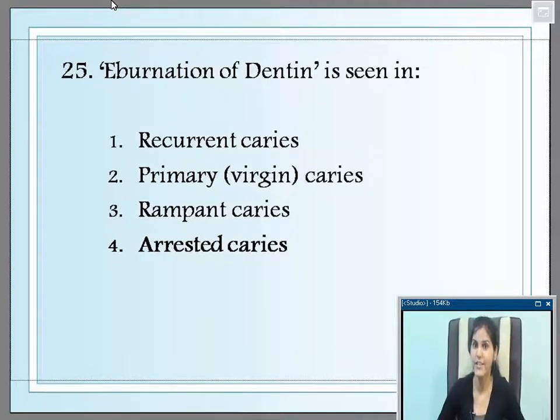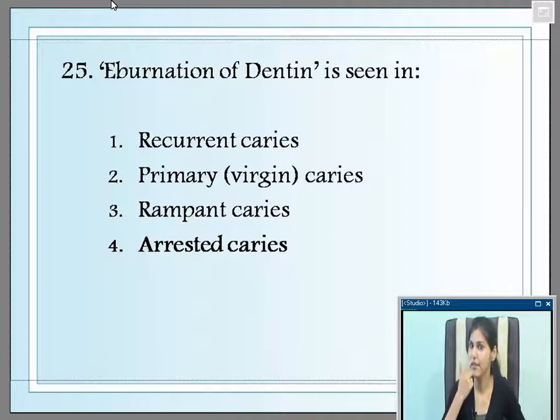But while restoring, you need not remove that dentine because it is remineralized, non-infectious, non-progressive and arrested caries. But you are going to restore that tooth so that the tooth can be functional and contact with the opposite tooth will be maintained.